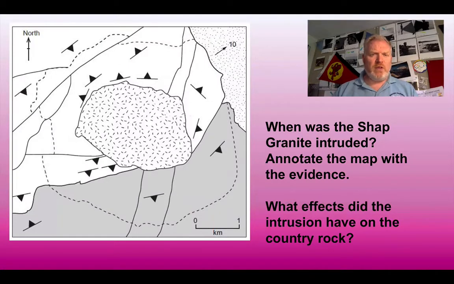Also, when we look at this, what effect has this intrusion had on the country rock around it? Can we pick out maybe two things that have happened as a result? Press pause now and have a go at answering that on your worksheet.